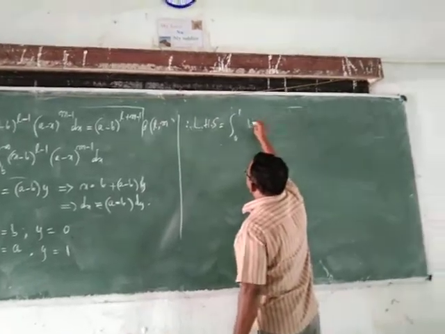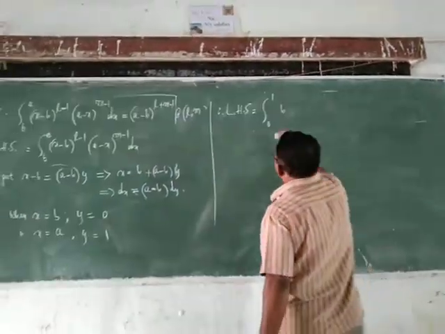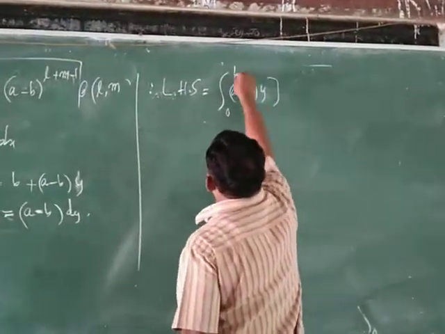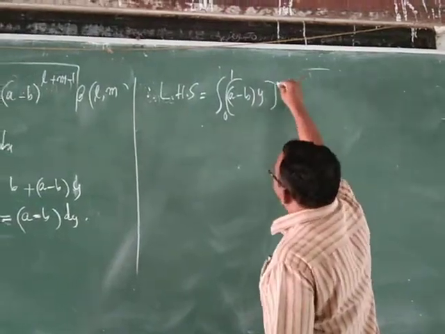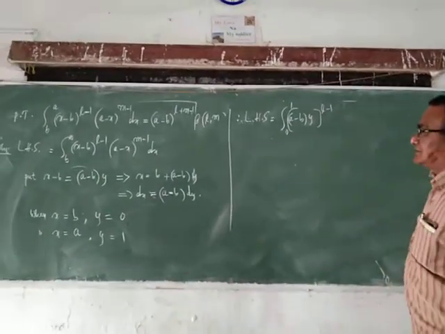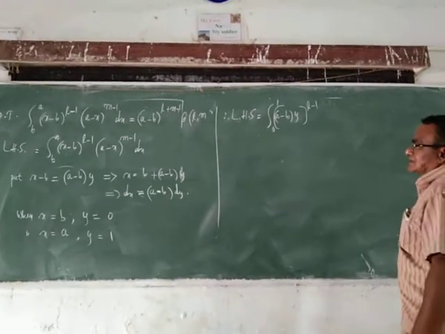So x minus b is equal to (a minus b) into y, whole to the power l minus 1, into (a minus x).